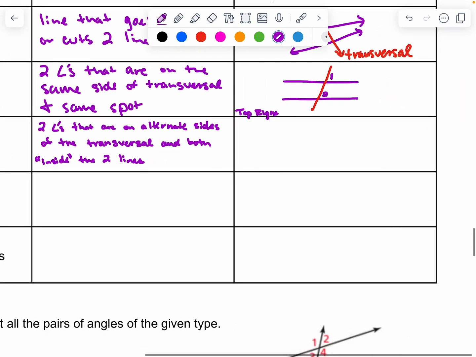Okay, so picture-wise, sorry, I'm going to just draw the same picture every time. It's just easier.